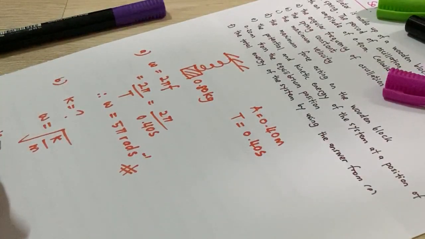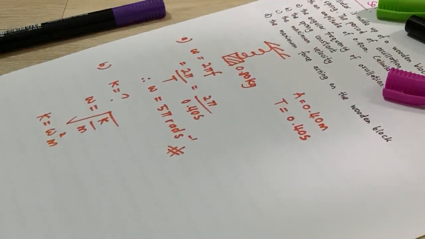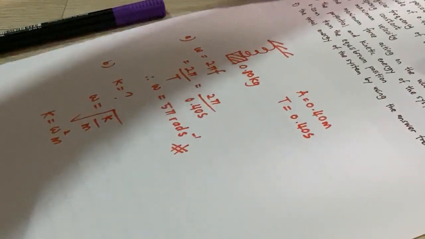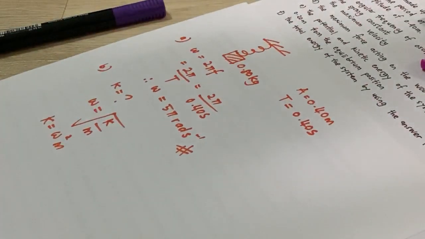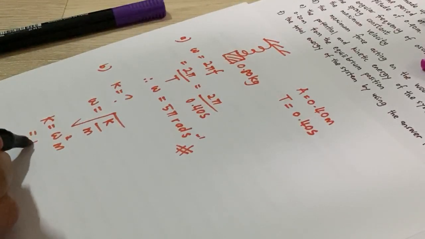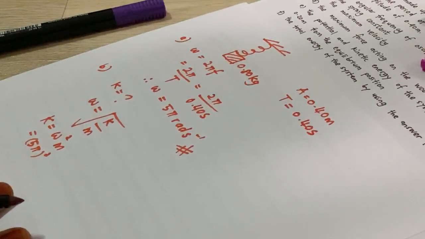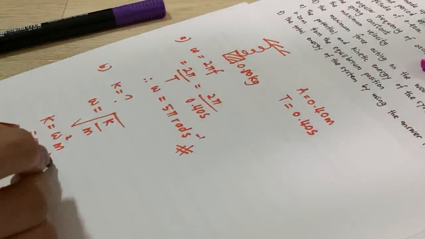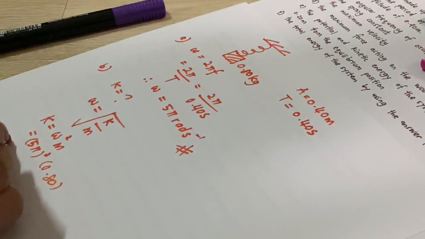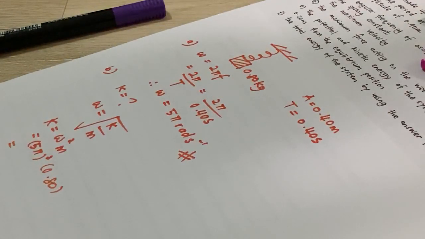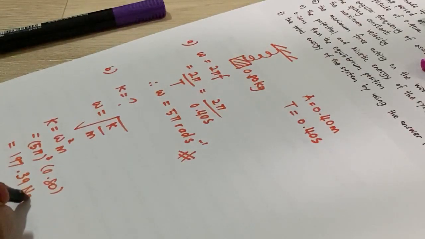K is omega squared M. Substitute omega, 5 pi squared, and M, the mass, 0.8. So the answer for K is 197.39 Newton meter minus 1.